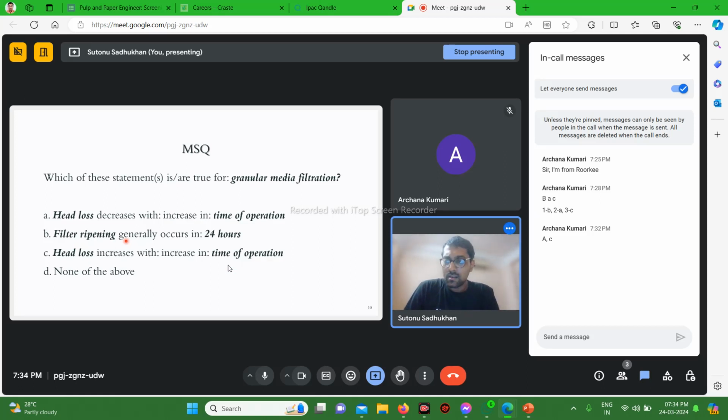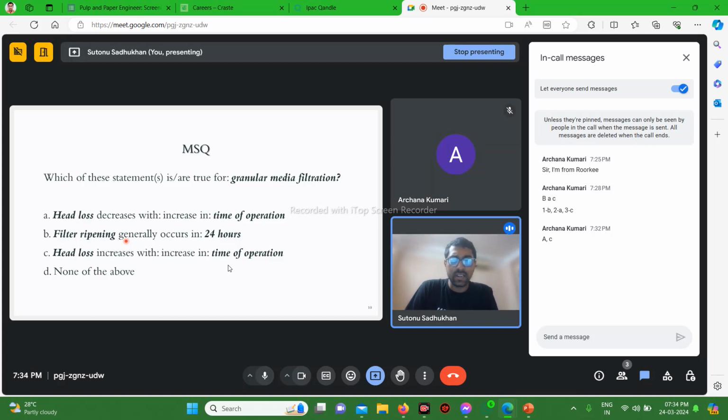Let's say option A and C cannot together be correct, right? Because one is telling us head loss is increasing and another one is telling us decreasing. So either option A or option C will be correct, or none of them will be correct. One of them must be correct, because as the time of operation increases, there will be deposition within the filter media.